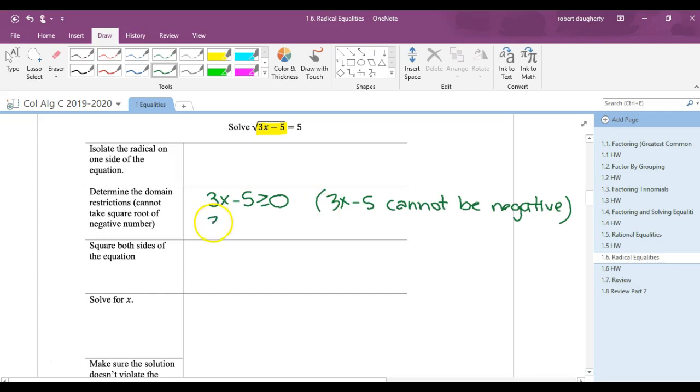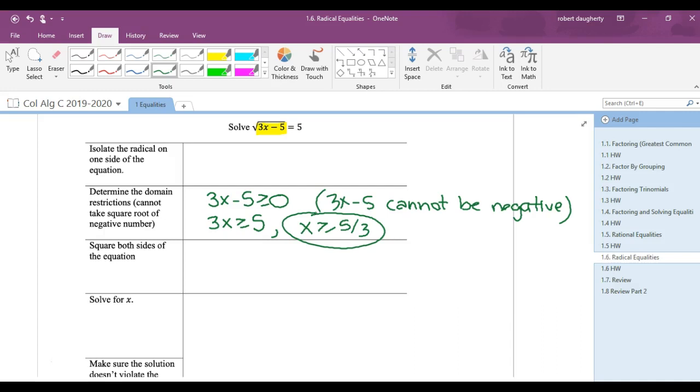That means 3x is greater than or equal to 5, and solving for x, x is greater than or equal to 5/3. So that is my restriction on this problem.